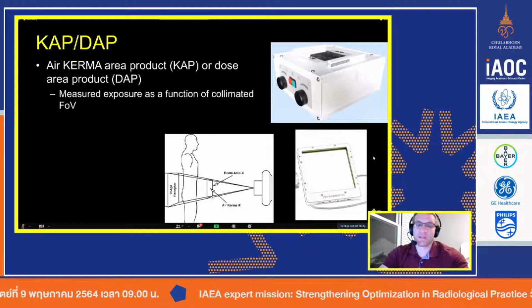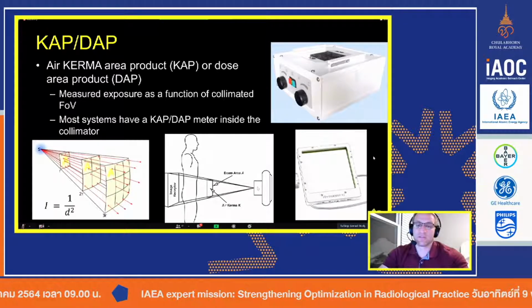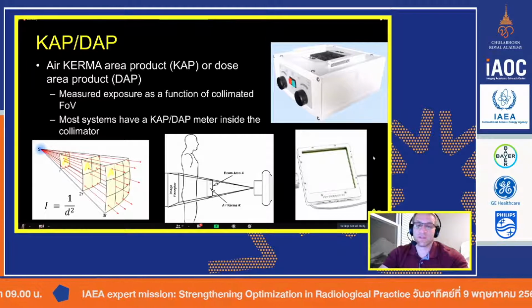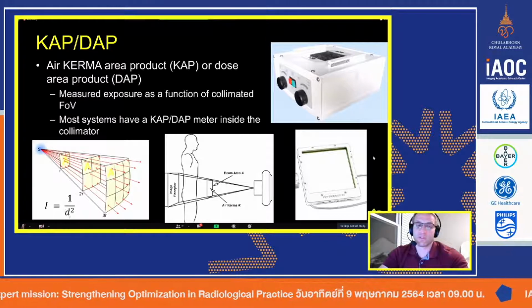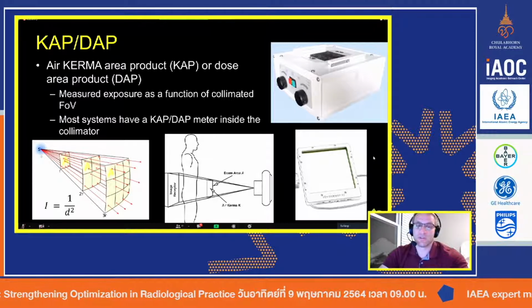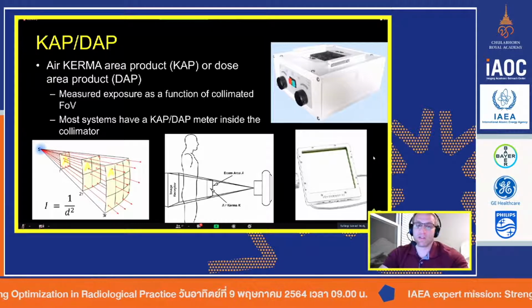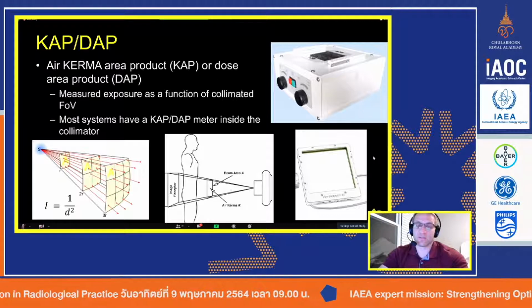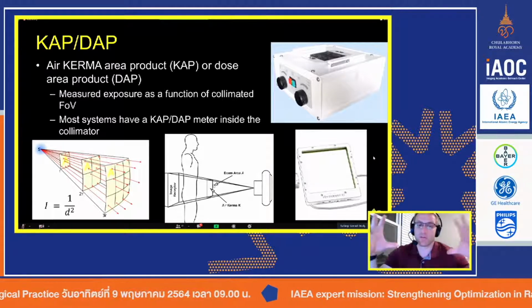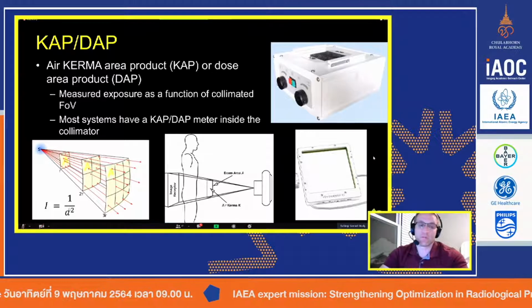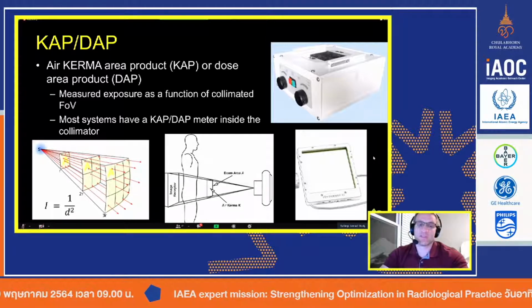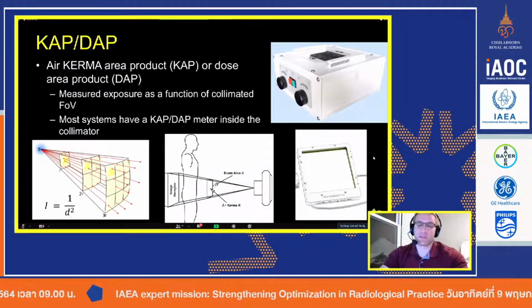And because the amount of photons is reduced by 1 over the distance squared from the source, but the area changes as you also get farther away from the source, it gets bigger and bigger by the power of 2. So these two values basically correct for each other.